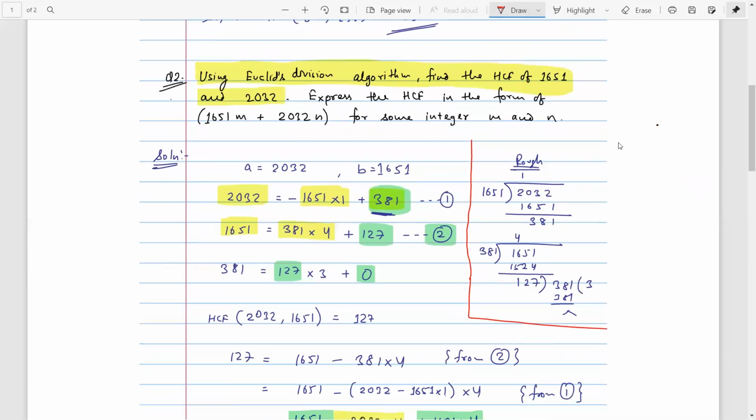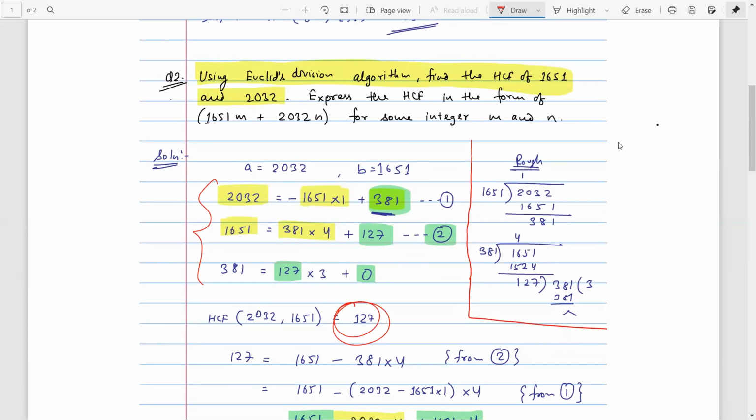And then we discussed one more question today, which was a little bit of application of Euclid's division algorithm, where the question says, find the HCF of the two numbers. We applied the Euclid's division algorithm and found the HCF to be 127. We followed the same steps like the previous one.